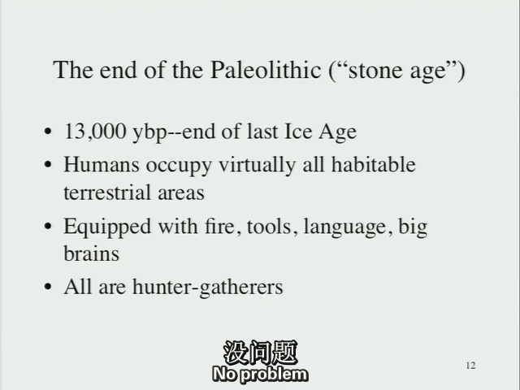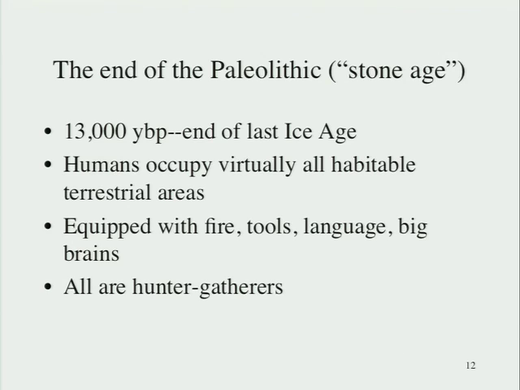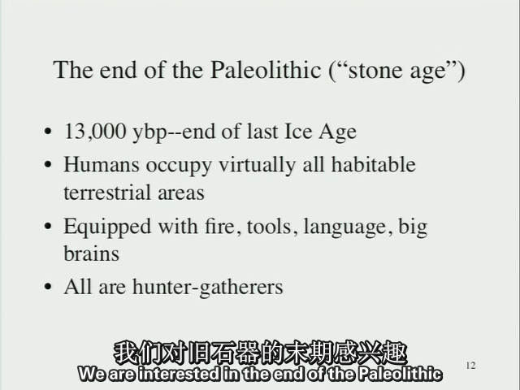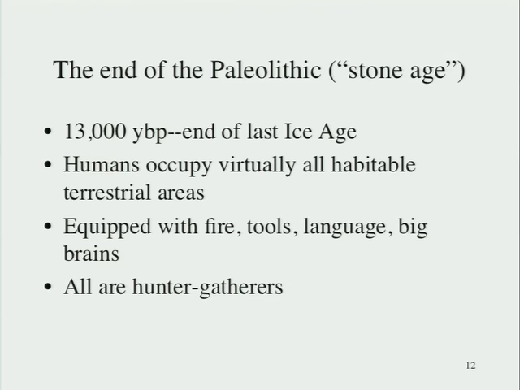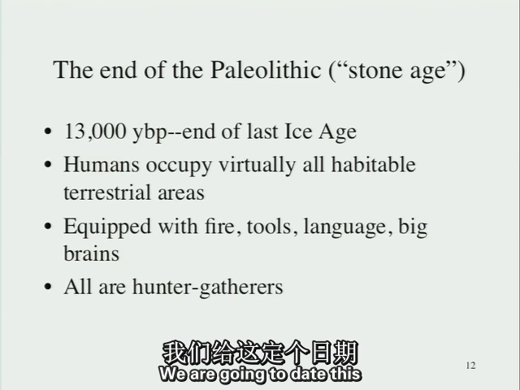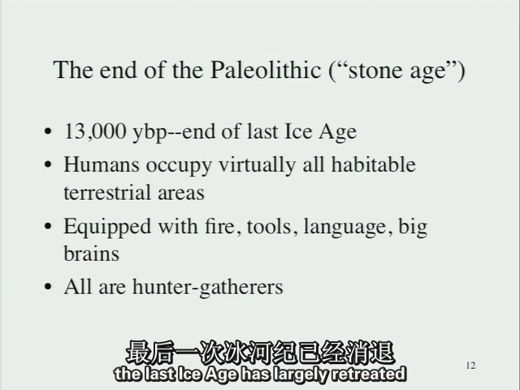All right, so now let's pick up the story. We're interested in the end of the Paleolithic, the end of the Stone Age. We're going to date this to about 13,000 years ago. The last ice age has largely retreated.